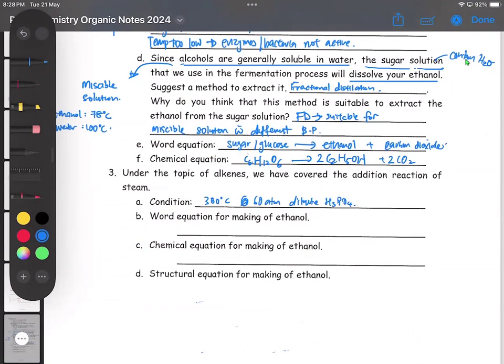To get ethanol, we need to use the correct carbon alkene. So ethene 2 carbon, ethanol 2 carbon. And then we have steam, and then we get ethanol.